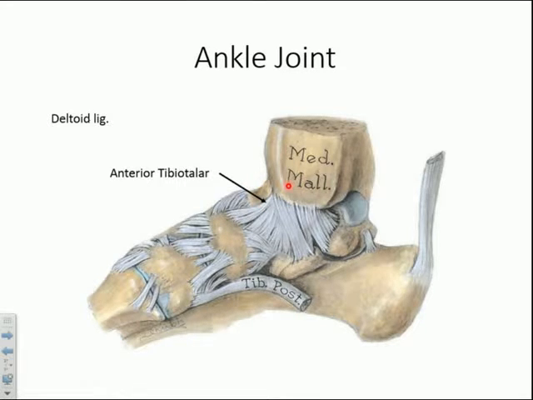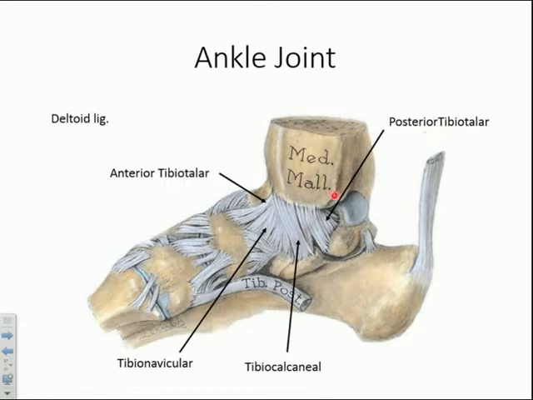First, the anterior tibiotalar, coming from the medial malleolus to insert on the talus, the tibionavicular, which runs down to attach to the navicular bone, the tibiocalcaneal, which runs from the medial malleolus to the sustentaculum tali, and finally the posterior tibiotalar, which runs from the medial malleolus to the posterior aspect of the talus.